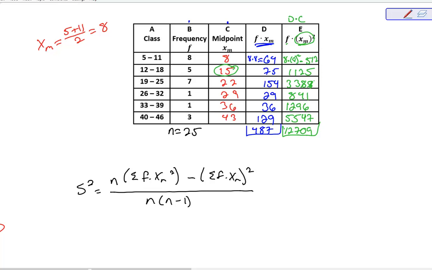Okay. Here's where everything goes in this formula. My n is 25.